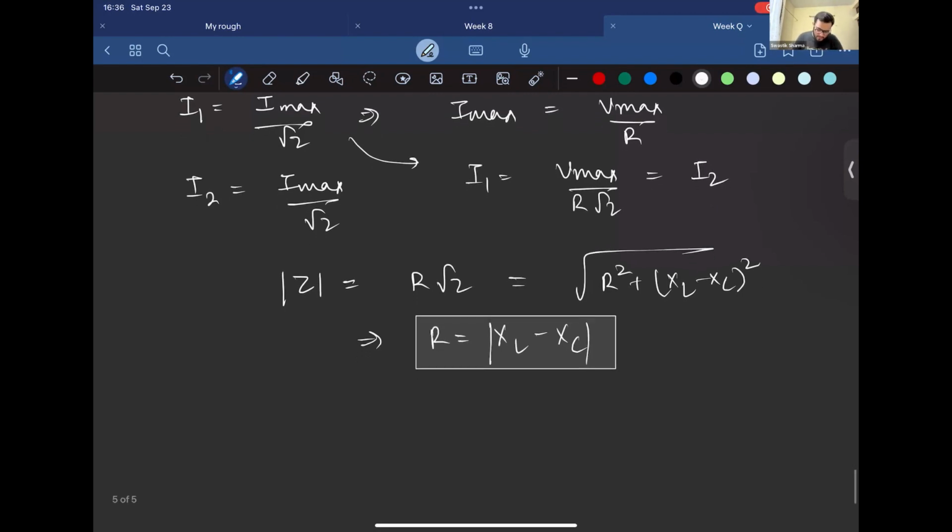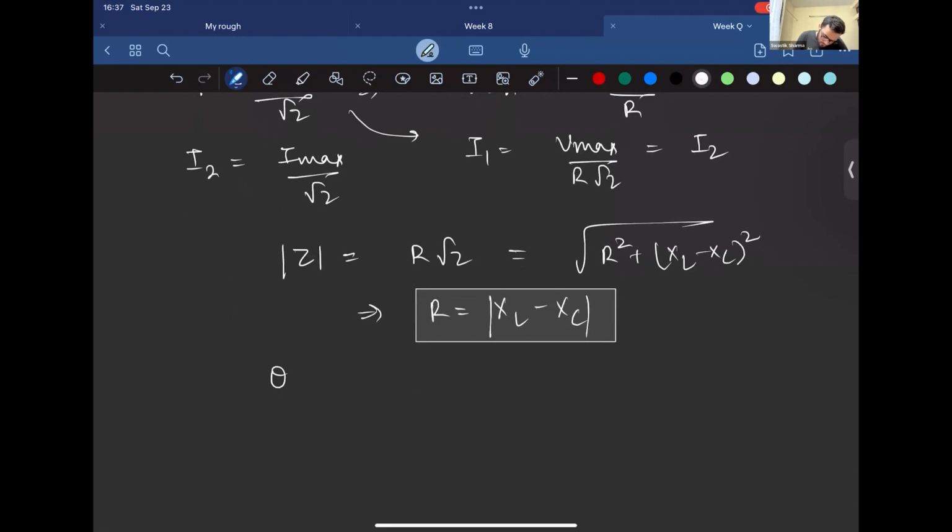So it's a very interesting thing. That means theta is what? Can you tell me? Theta is 45 degrees, right? So that means the magnitude of I1 is I max upon root 2.